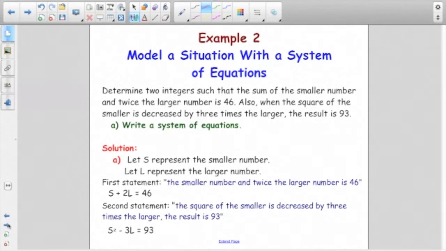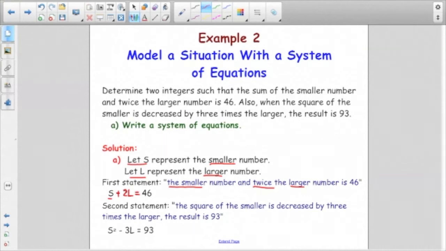So I always do a let statement. Let S represent the smaller, let L represent the larger. So we know what those letters mean. So in the first statement, the smaller, so S, and so that's plus, twice the larger, so that's the 2L, is 46. So is means equals.